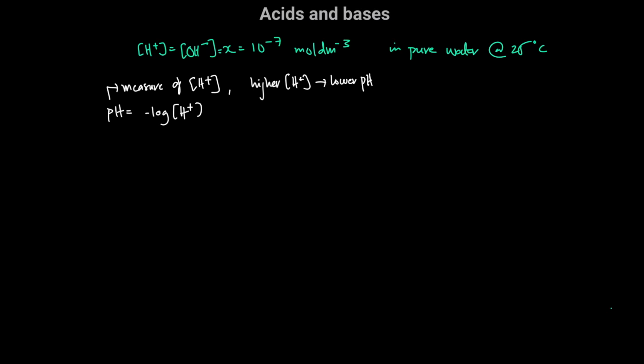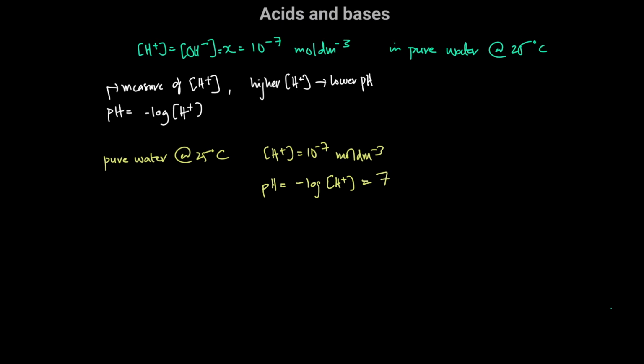So if we talk about pure water at 25 degrees Celsius, we learned that the concentration of H+ ions is 10 to the power of negative 7 moles per decimeter cube. And the pH is simply the minus log of H+, and that will come out to 7.